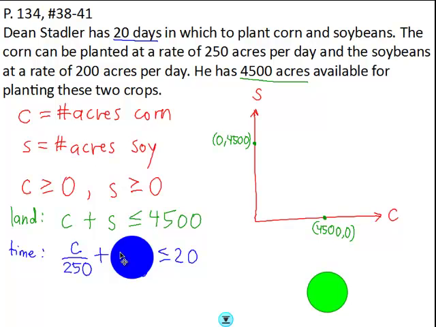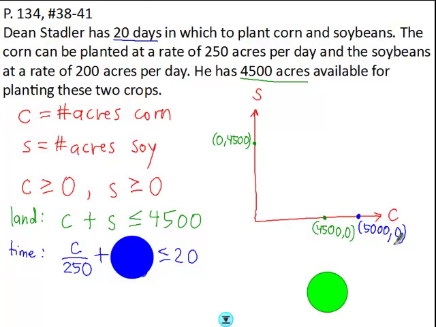To solve for C, I multiply by 250, and I get 5,000 acres. Theoretically, if I had all the land I wanted, I would only have enough time to plant 5,000 acres. So I need to change pens here. 5,000 acres. I'm not doing this to scale, but I don't really need to. I just need to get it on the right side of the other intercept.